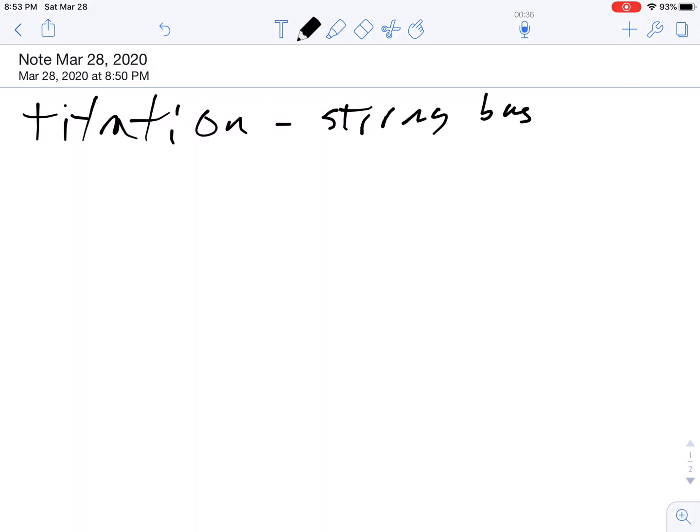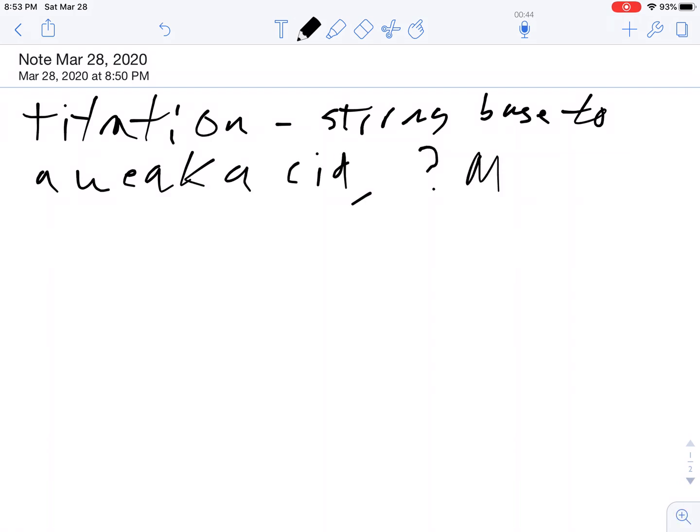Usually when you're using a titration, it means that you are adding a strong base to a weak acid, and you're normally doing this in order to determine the molarity of the weak acid.